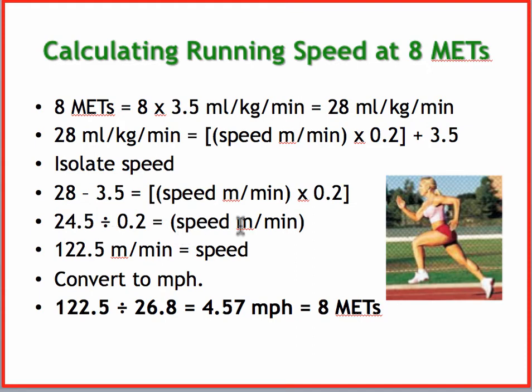If you wanted to convert that to miles per hour, you divide meters per minute by 26.8 meters per mile, and you end up with 5.47 miles per hour at 8 METs. So if you wanted someone to exercise at 8 METs, you could tell them how quickly they should be running on a track, and that would be 5.47 miles per hour.